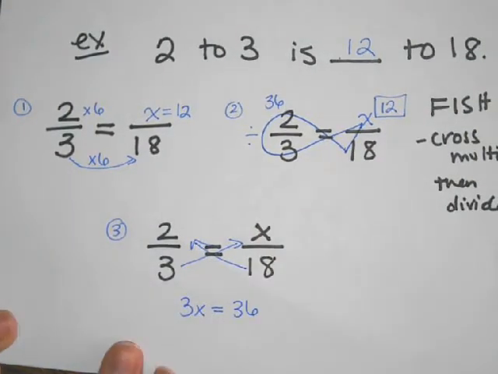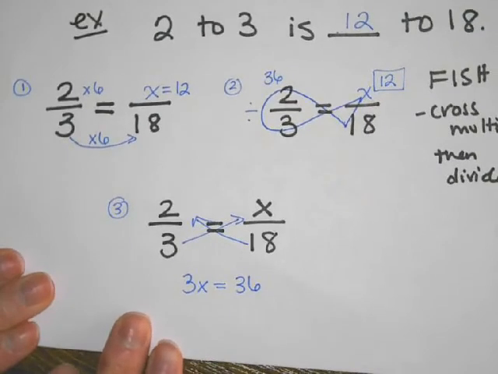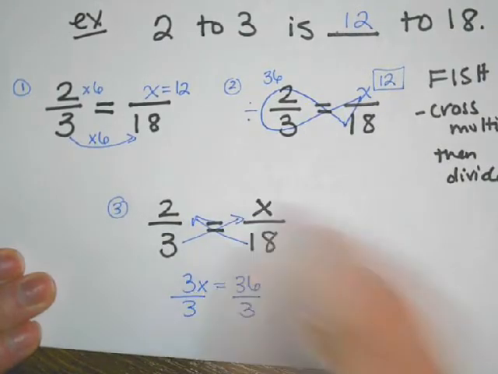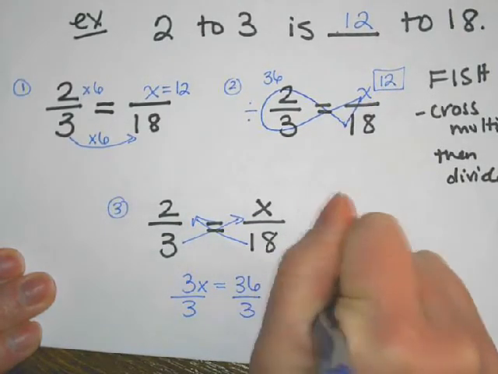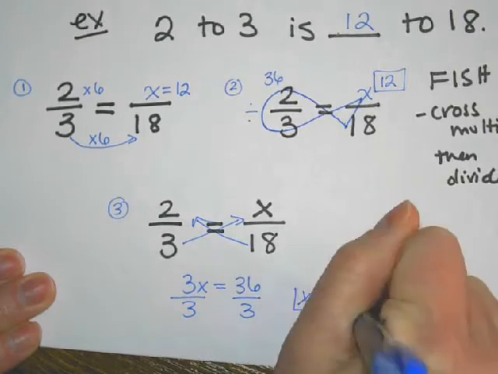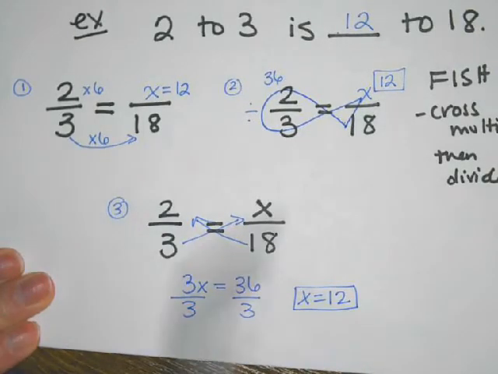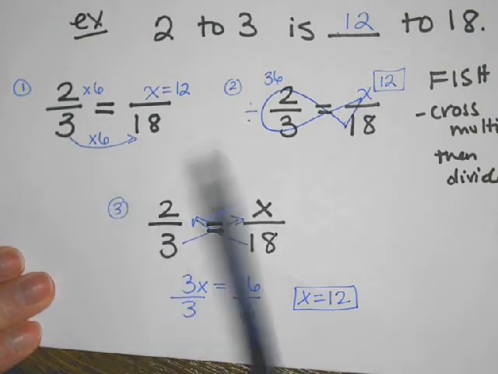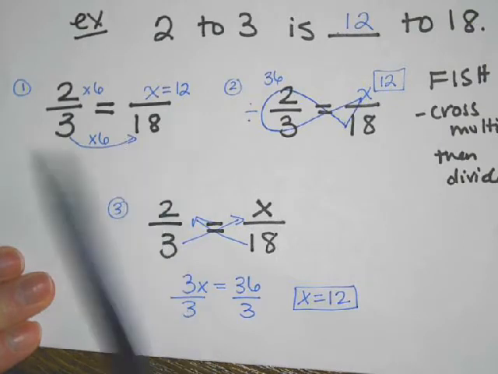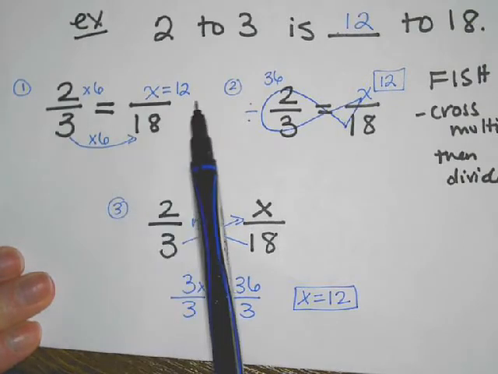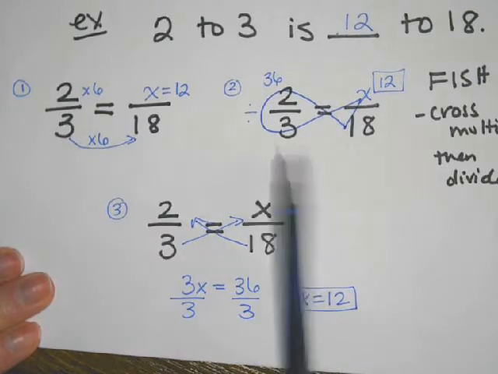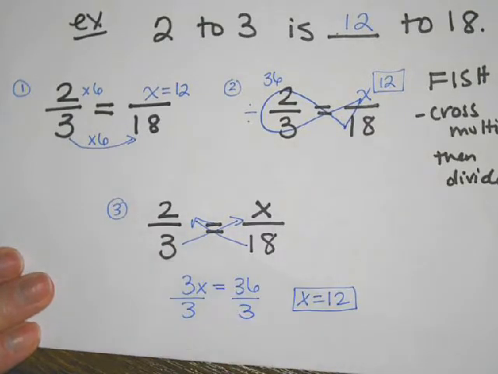We remember from our one-step equations, if I want to get rid of multiplication, I just need to divide. So I take 36 and divide it by 3, and x is 12. No matter which of those three ways you do this, you're always going to get the same answer. I would suggest the equivalent fractions method when the number you're multiplying by is easily found. The fish method and the equation method will work with any numbers that you ever have.